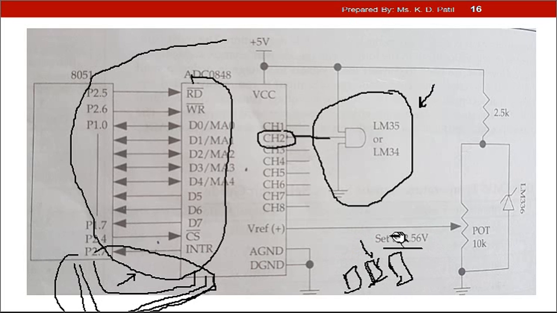Likewise, the temperature sensor will be interfaced with the 8051 microcontroller through this ADC only. So I hope you have understood how to interface the 8051 microcontroller with an ADC and temperature sensor, or in the same way you can interface other sensors with the 8051 microcontroller.